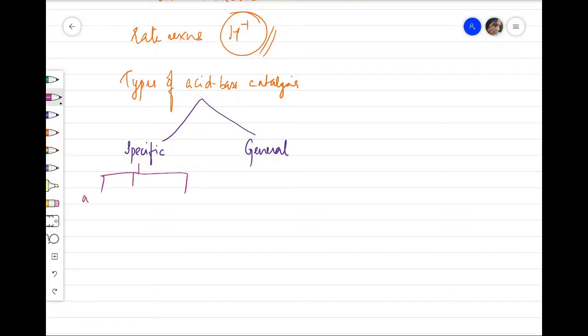Specific acid ion catalysis, specific base ion catalysis, and specific acid base catalysis. Similarly, general is also divided into general acid catalysis, general base catalysis, and general acid base catalysis.